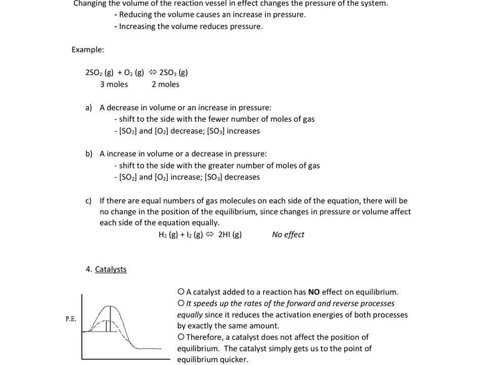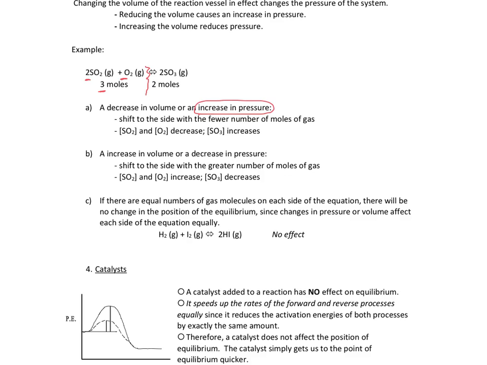Let's look at the example of sulfur dioxide reacting with oxygen to create sulfur trioxide. What happens in this case when we increase the pressure? Well, the first thing we need to do is count up the number of moles of gas on either side of the equilibrium arrow. We have 2 moles of sulfur dioxide and 1 mole of oxygen to give us 3 moles of gas in total on the reactant side.